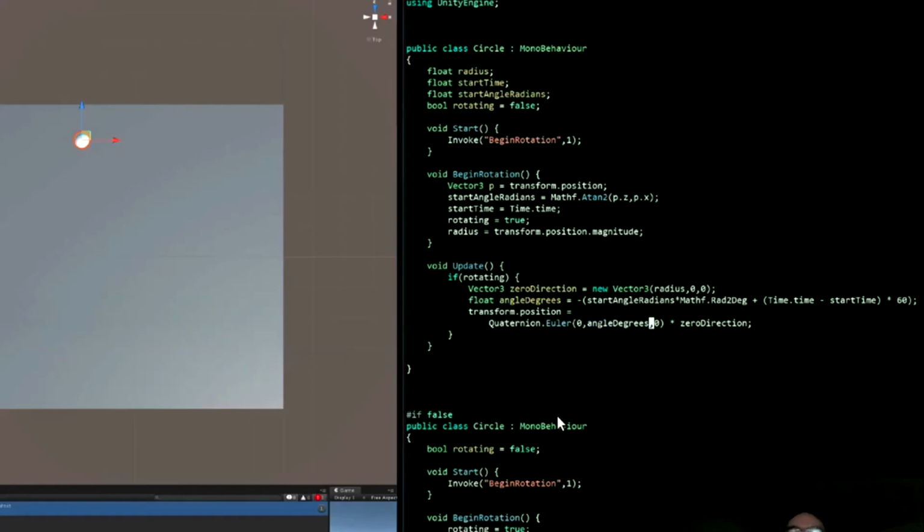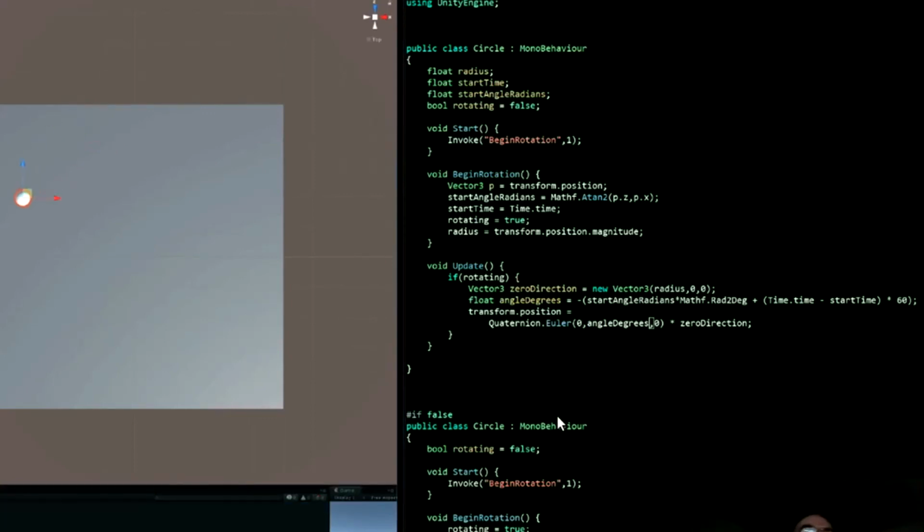I think that's actually good now. Let's see. Okay. No. Let's try that again. All right. And now we're out of La La Land. We're back on good ground, and there's another way of drawing the circle, or making the thing move in a circle, I should say. And this is working fine.